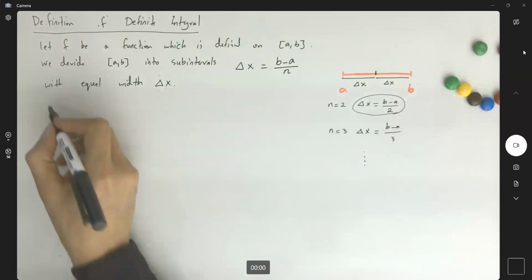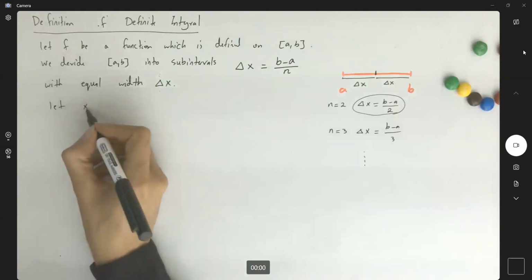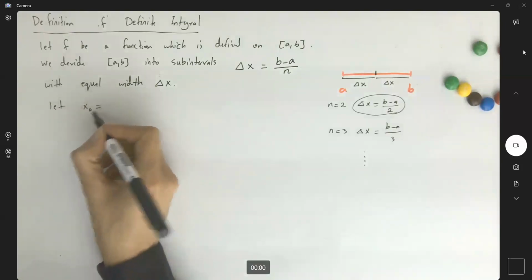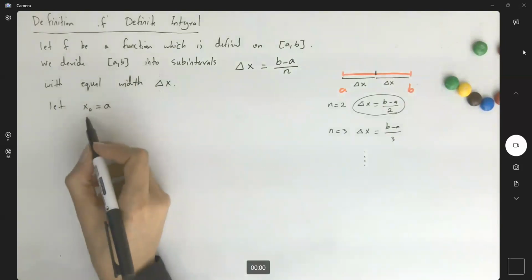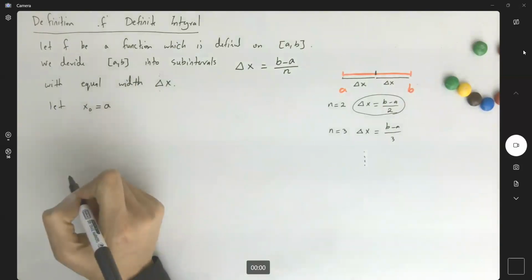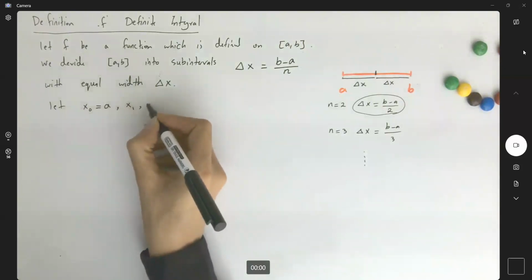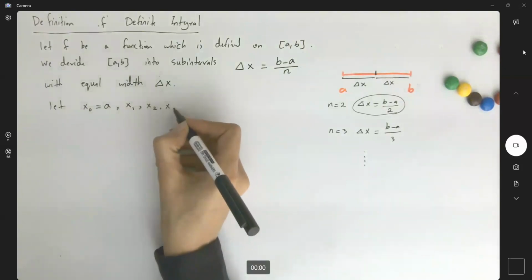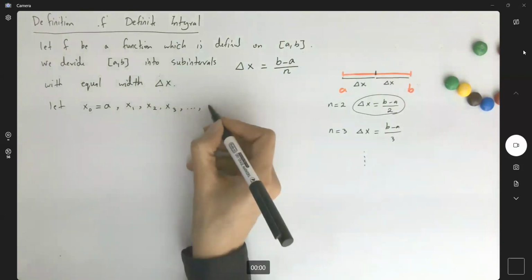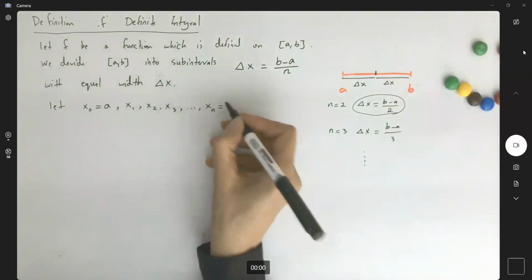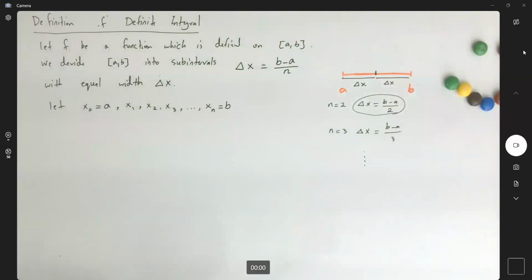Now, let my initial point be a. So x sub 0 is a. The next point, x sub 1, then x sub 2, then x sub 3, and I'm going to stop at x sub n, which is equal to b.